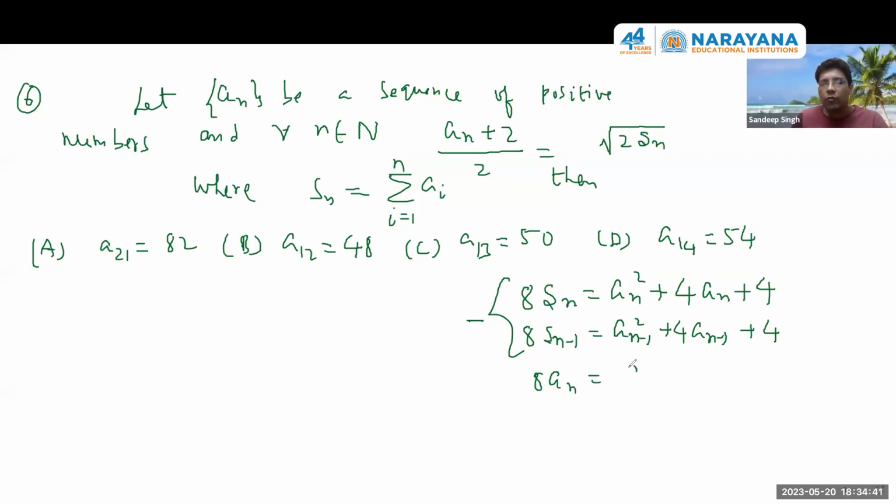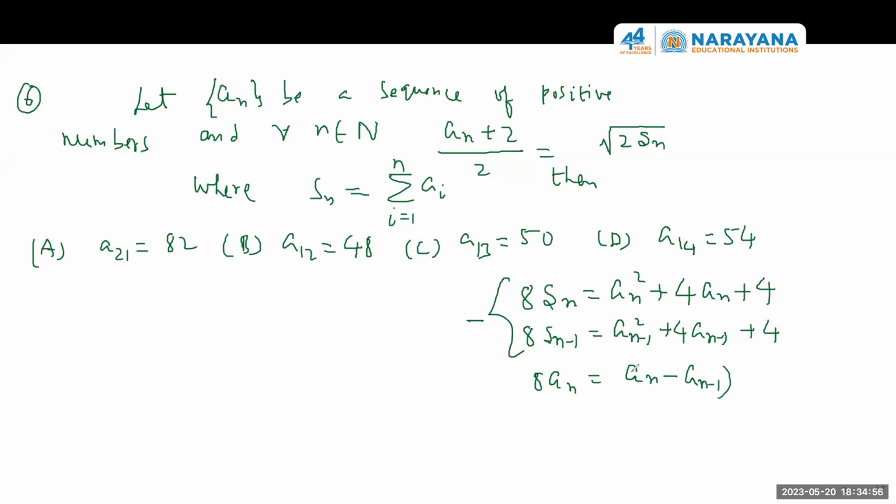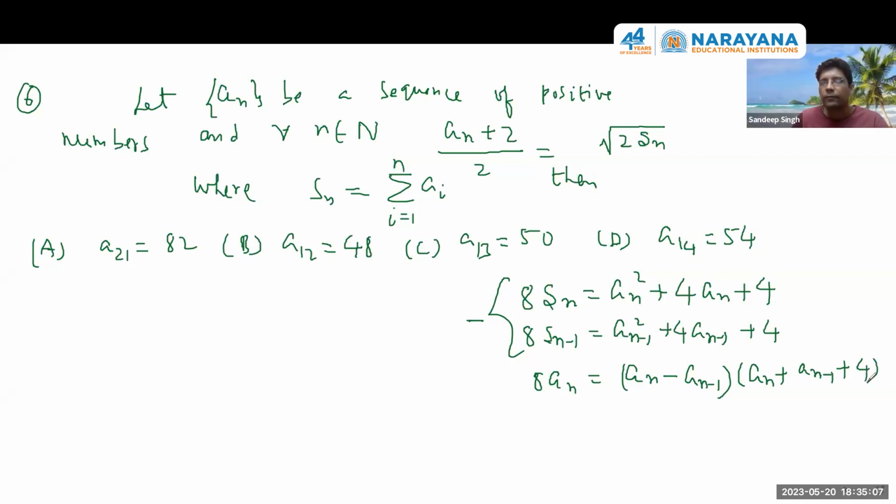So this will be equal to how much? An minus 1 into an plus 1 plus 4 times an plus an minus 1 plus 4. What next? How will you obtain from here?